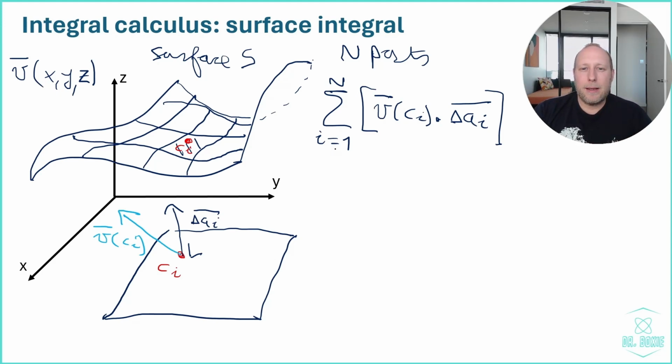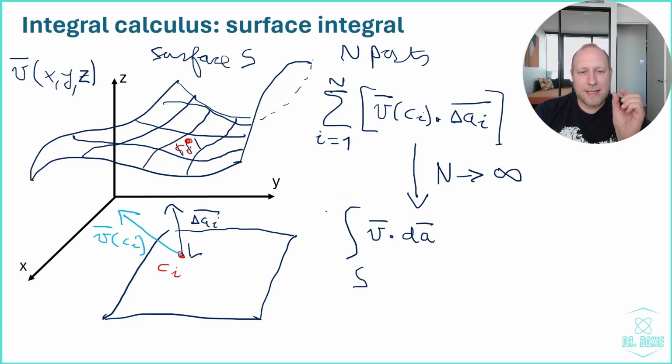Now, as we increase n, we will get a better and better approximation, and in the limit of n going to infinity, we get something defined as the surface integral, which will be written in the following way: the integral, with an S below it representing the surface, of V dot dA, where you should think of dA as an infinitesimally small version of delta Ai. It's a vector representing a small piece of surface, the area of a small piece of surface.